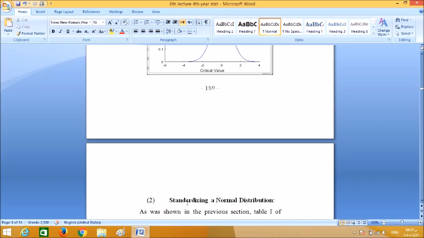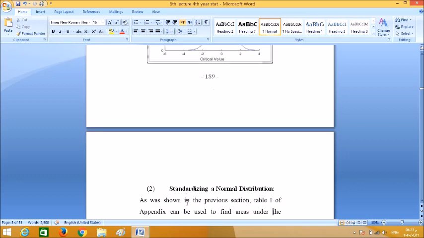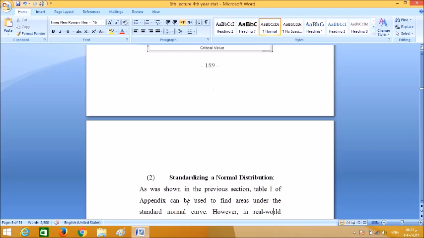So how can you change or transfer the value of any observation to be a z score, okay? As was shown in the previous section, Table 1 of the appendix can be used to find areas under the standard normal curve.